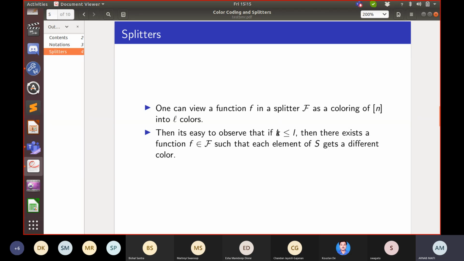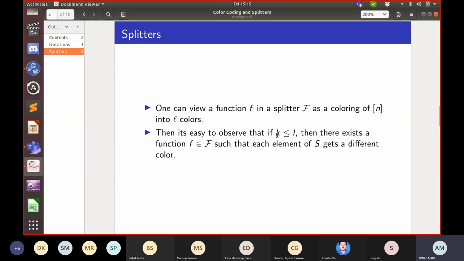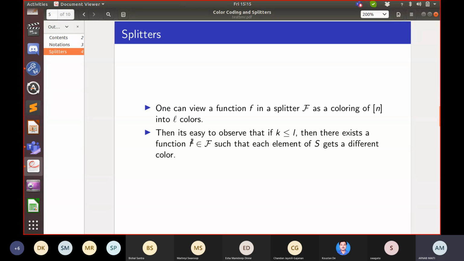Mainly we use splitters in the case where K is less than L. In that case it's very easy to explain the splitter: if we take any such set S, then there will exist a function f such that it will color each element of that set differently. That's what we want basically.